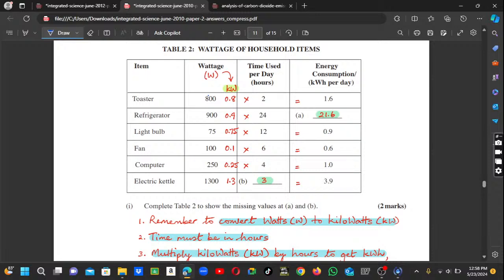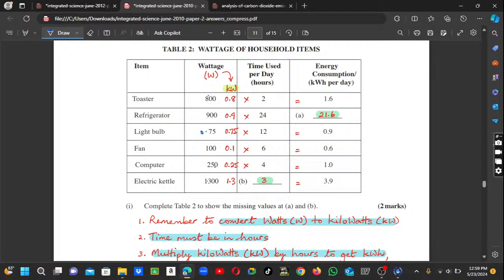For these, we use one decimal place in kilowatts. 800 gives 0.8. 900 gives 0.9. For 75 we put a 0 and a point, so 0.75. For 100, that is 0.1 if you know decimals. For 25, we say 0.25. Then for 1,300, we can say 1.3.